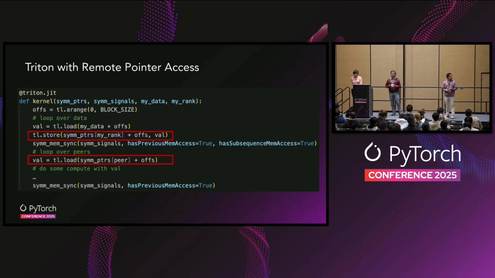We first use Triton's load and store to load the data and put it into the symmetric memory buffer, which will then be accessible by the remote rank. Then we use a load instruction to load from the remote rank's buffer. Then you can do whatever computation you want with this loaded data. All of this can be done with native Triton primitives.